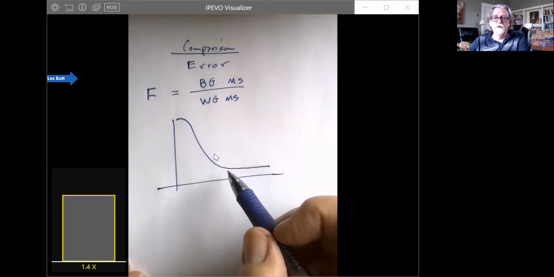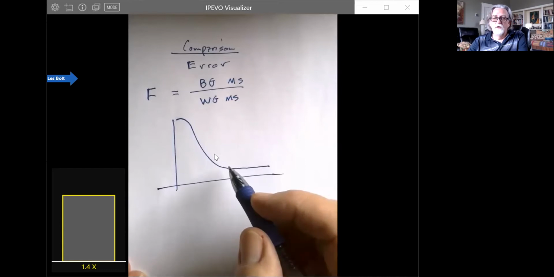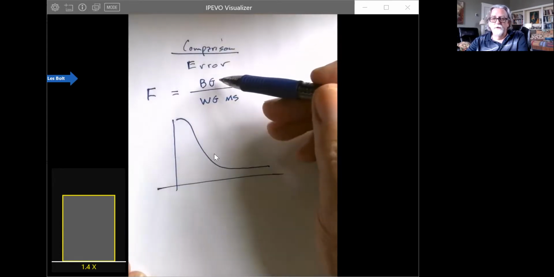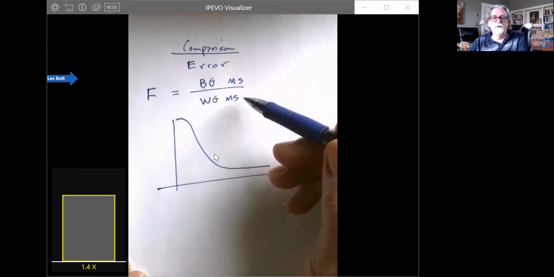But the way in which this particular distribution is determined is by two different degrees of freedom, because there's a degree of freedom between groups, in other words, number of groups minus one, and there's a degree of freedom within groups, which is the total number of subjects minus the number of groups.